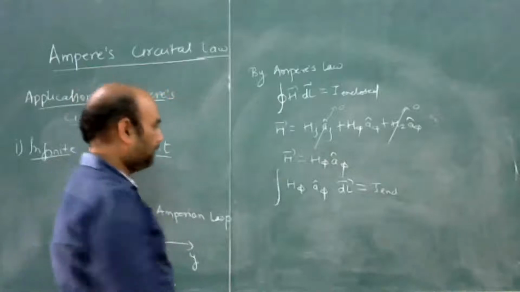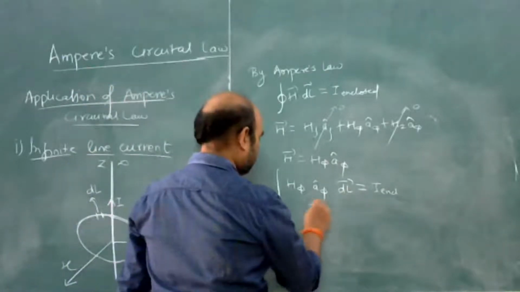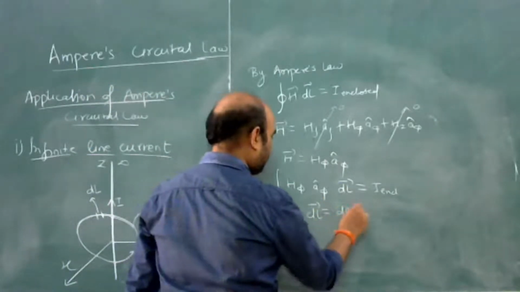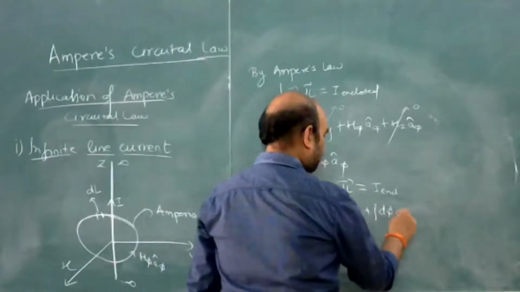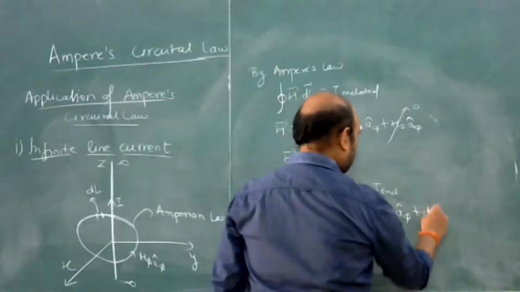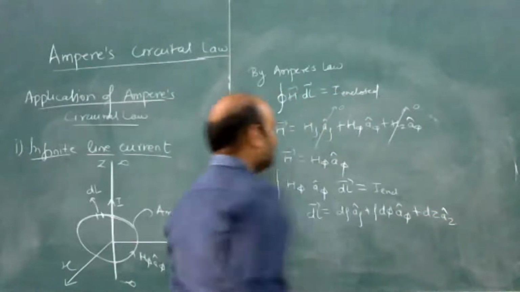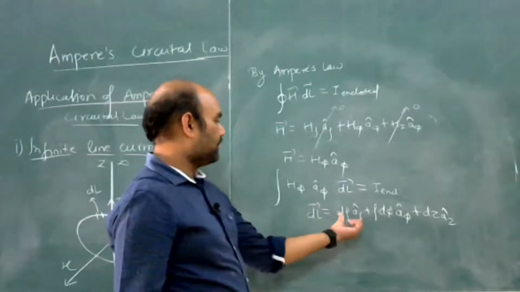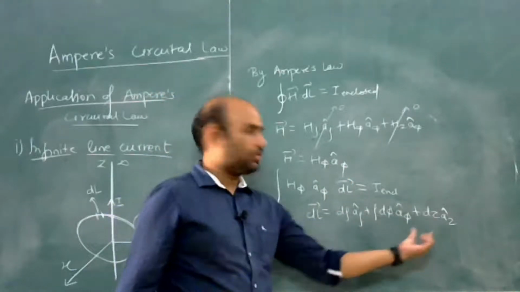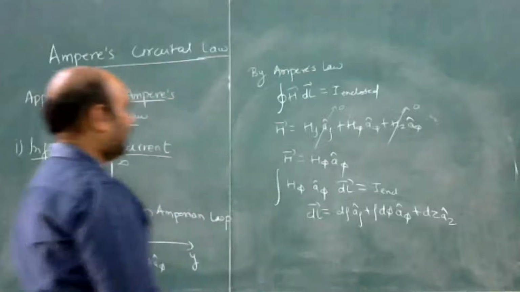Now dl in cylindrical is d rho a rho plus rho d phi a phi plus dz a z, and here we have a phi. So these terms will be 0, and we get only H phi.